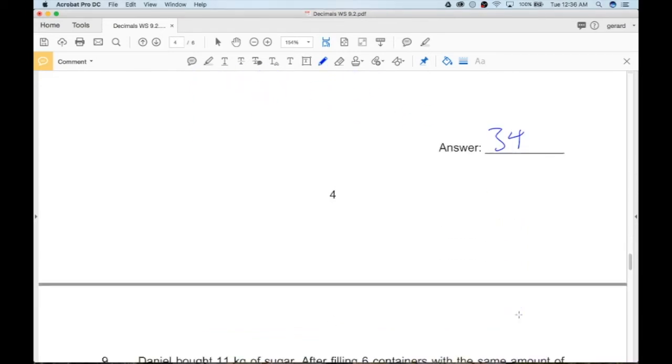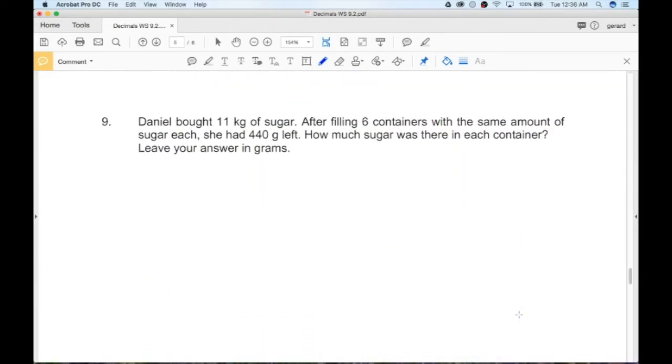Next. Question 9. Daniel bought 11 kg of sugar. After filling 6 containers with the same amount of sugar each, she had 440 grams left. How much sugar was there in each container?